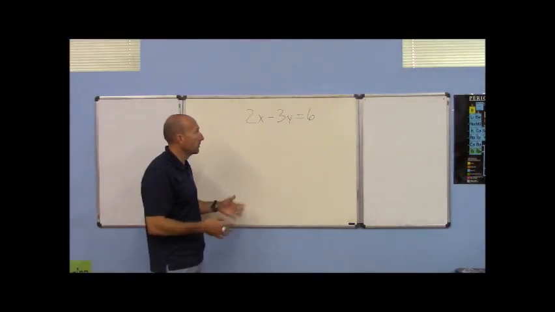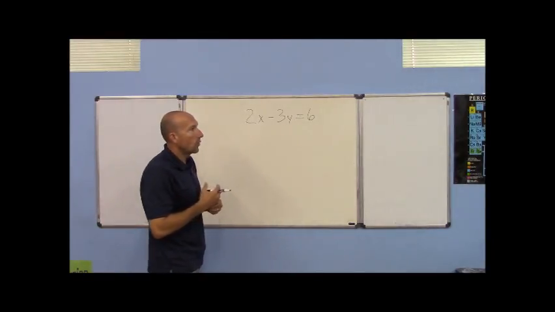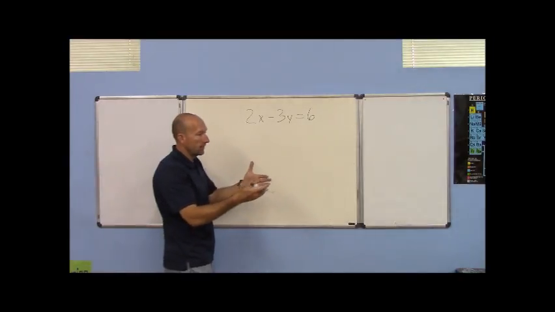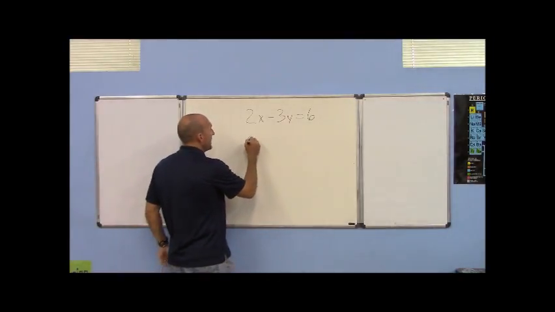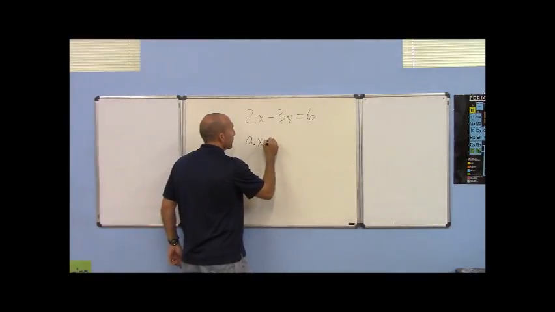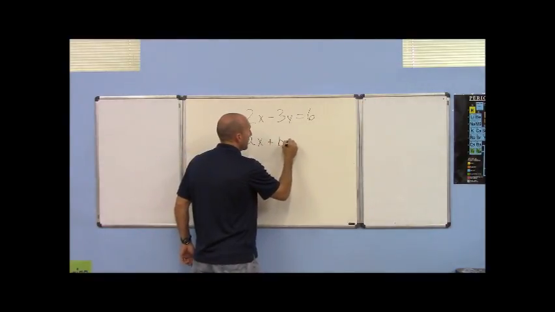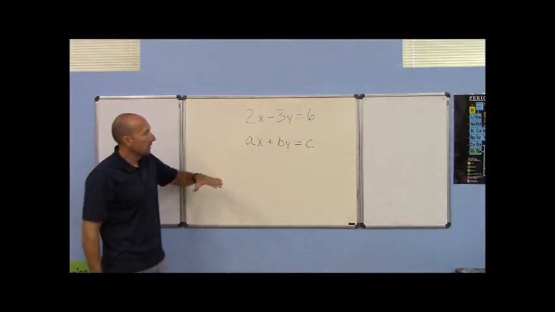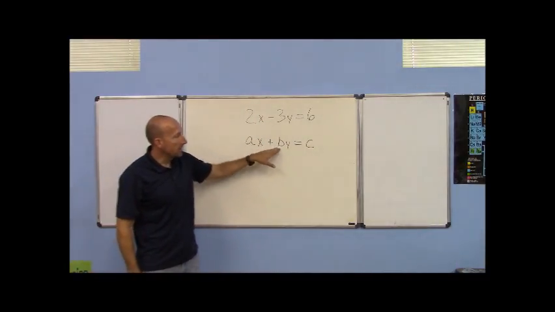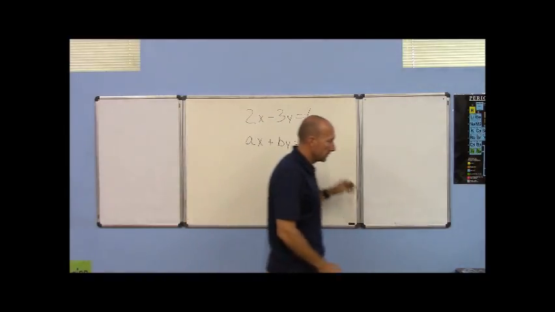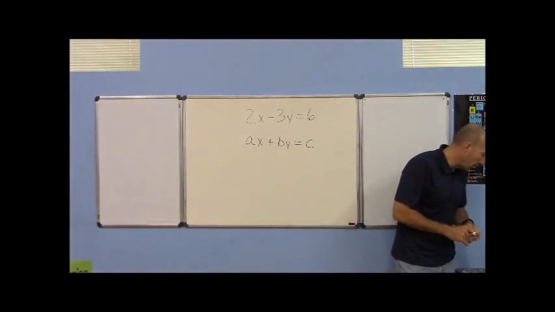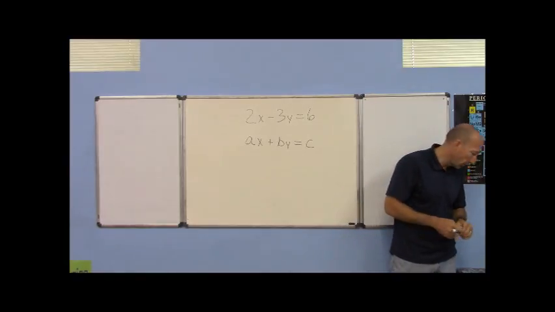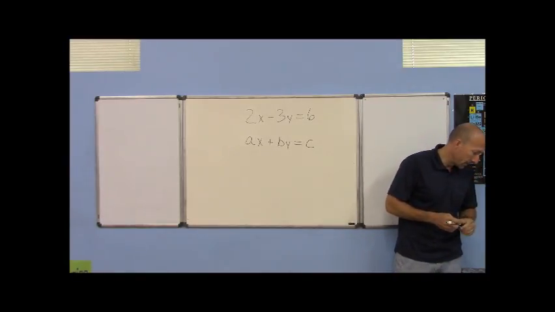The equation that encompasses all possibilities is given right next to it, which is ax plus by equals c, where a, b, and c are all elements of real numbers. They are all going to be real numbers.